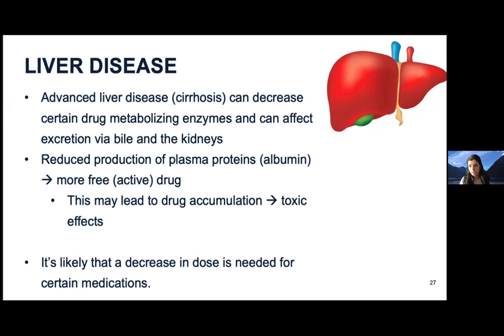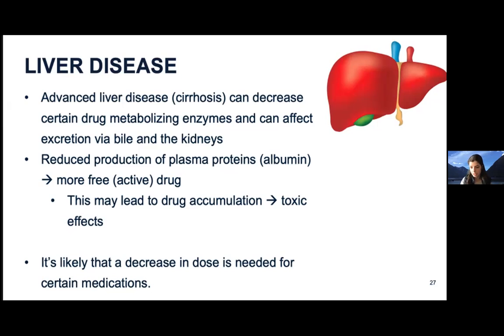So similarly, the effects of many drugs are also dictated by the degree to which they bind to proteins in the plasma, like I've mentioned. And so with severe liver disease, certain plasma proteins, notably albumin, will be reduced in the blood because the liver won't be able to produce as many. And so this will leave more free drug in the blood, which can potentially lead to toxic levels.